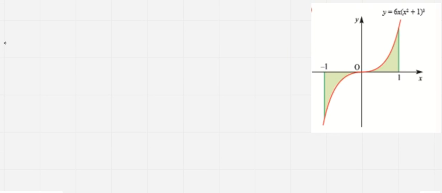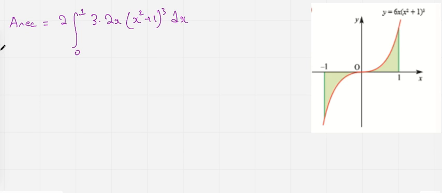My area can be written as 2 times the integral from 0 to 1 of 6x. Instead of writing 6x, I can write 3 times 2x, and then (x squared plus 1) cubed dx. So 2x dx will be replaced by my du, if you remember.